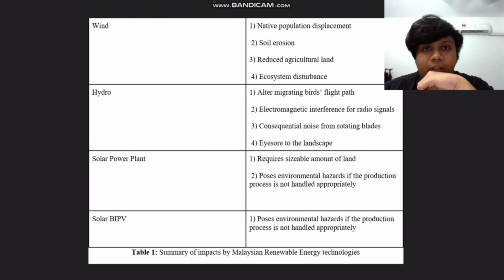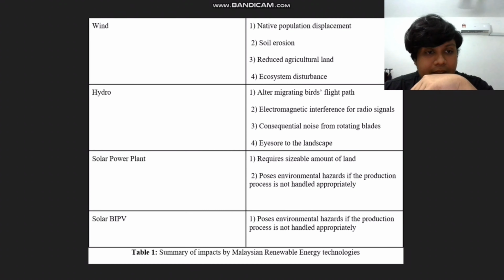Next is wind: native population displacement, soil erosion, reduced agricultural land, and ecosystem disturbance. Next is hydro: it alters migrating birds' flight paths, causes electromagnetic interference for radio signals, consequential noise from rotating blades, and lastly is an eyesore to the landscape.